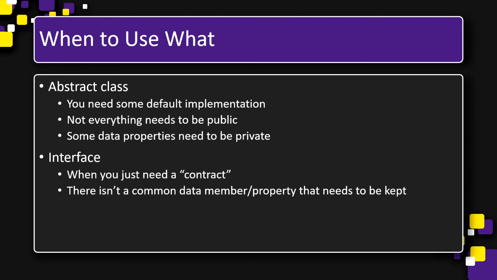So for example, this is probably better for the animal case because everything's probably going to need an age and a number of legs and those kind of things, rather than using the interface like we did in the example. And an interface is more about a contract. It's more about setting up an agreement of, yes, I will have these methods that other people can use so that they can interact with me. It's not really about the data or the properties that are in the class.